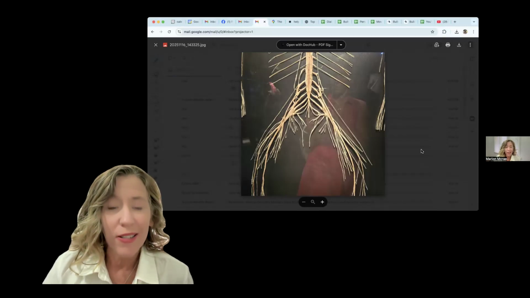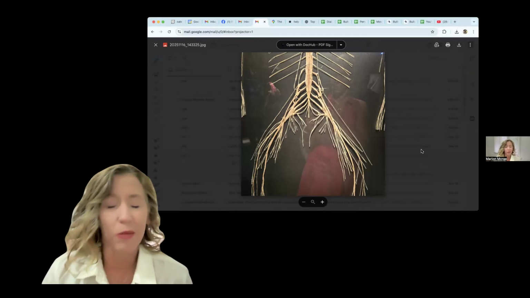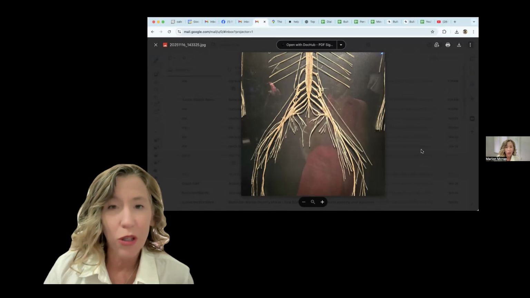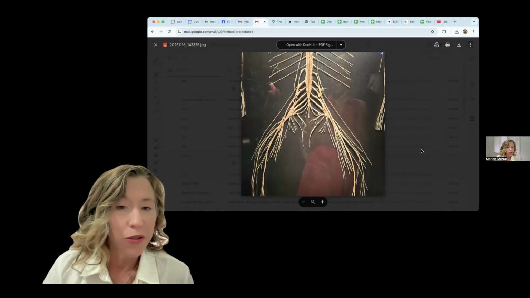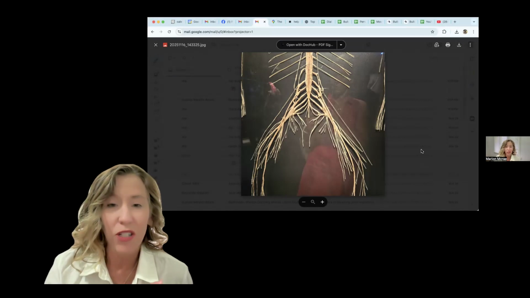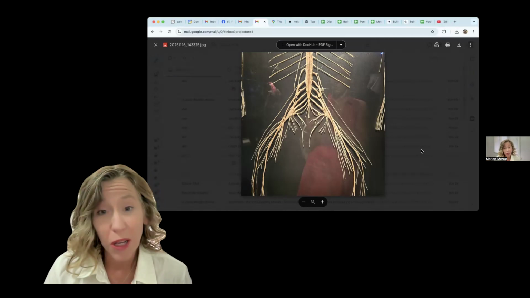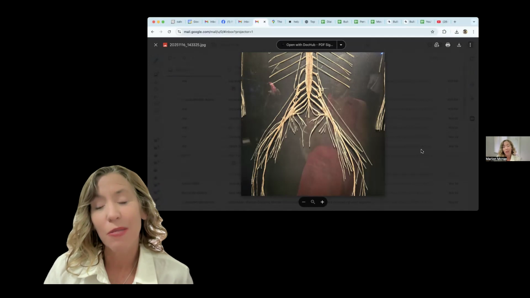If you look at this snapshot I've put up, which I got from the Body Worlds exhibition, full disclosure, this is actually a real human nervous system with the bones, the muscles, all the connective tissues stripped back. If you haven't ever been to the Body Worlds exhibition, please go.